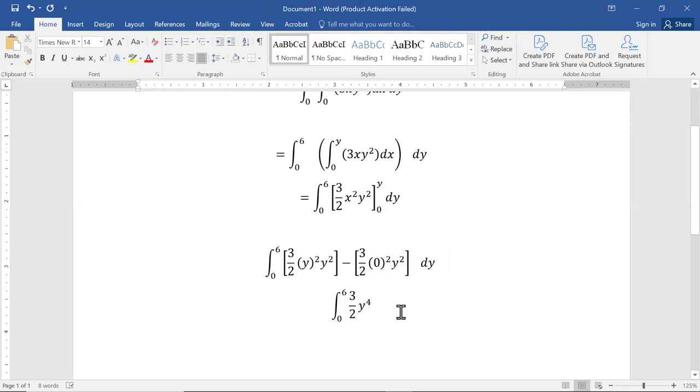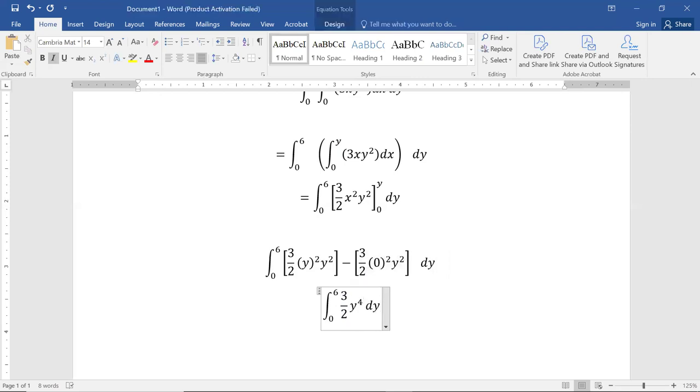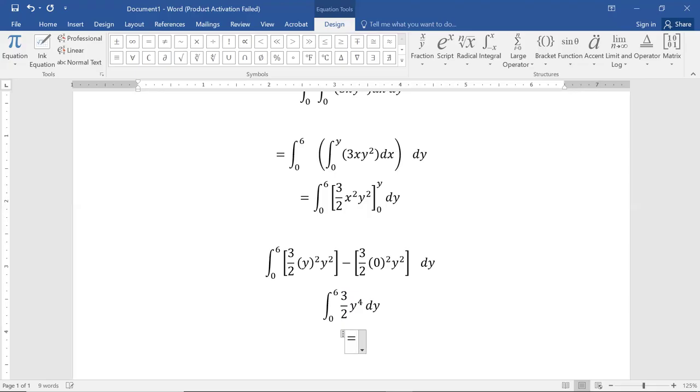So that means I'm going to be integrating 3/2 y to the 4th with respect to y. And again, antiderivatives: the antiderivative of 3/2 y to the 4th is going to be 3/10 times y to the 5th.